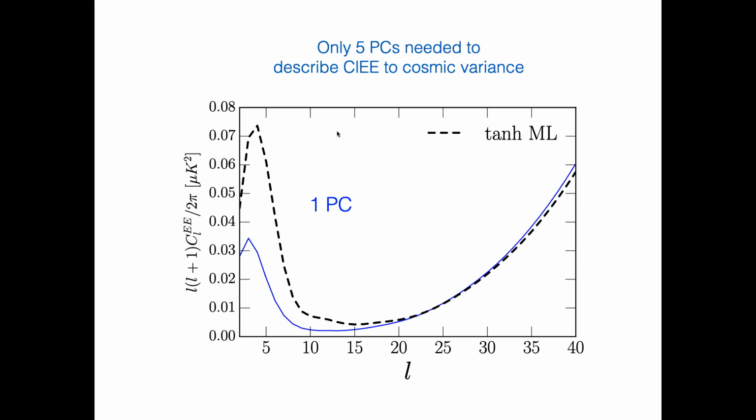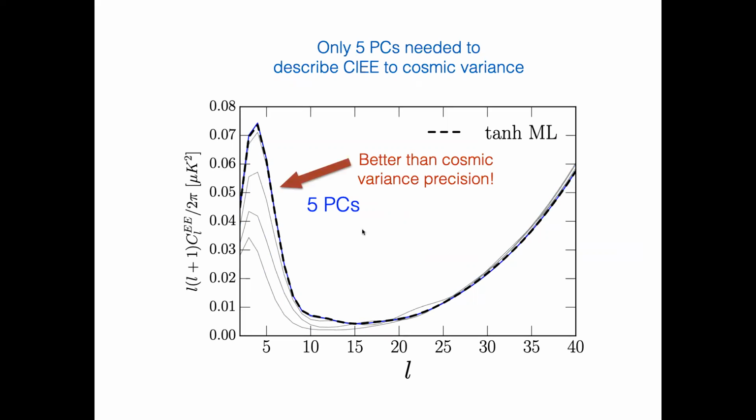I just want to show you a little demo of how that works. We have the Tench. This is a maximum likelihood model from a while ago, so no longer the best one, but just pick any model, and then you can do this decomposition, just sort of like a Fourier decomposition, and you can use 1 PC, 2 PCs, 3 PCs, 4 PCs, and 5 PCs.